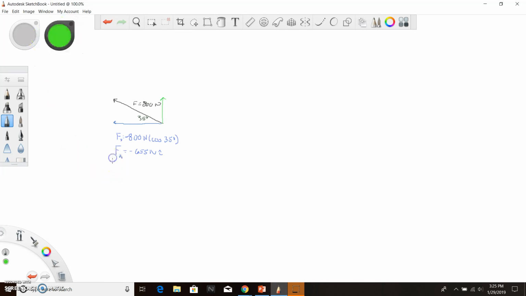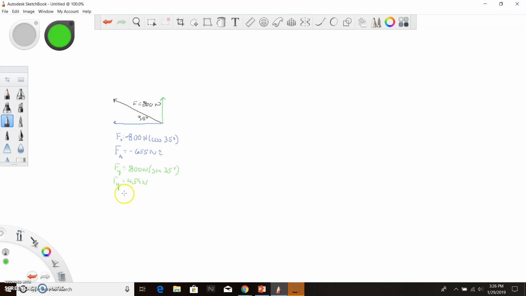F sub Y is going to equal 800 newtons times the sine of 35 degrees. So F sub Y is going to equal 459 newtons.